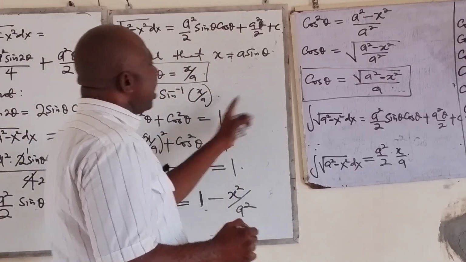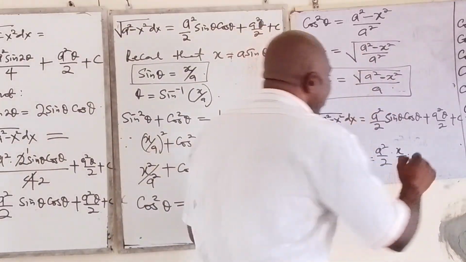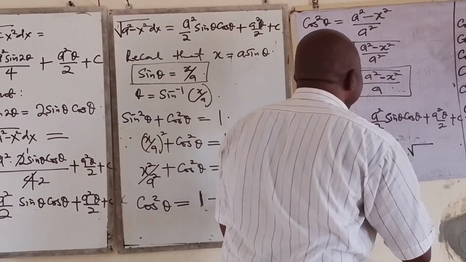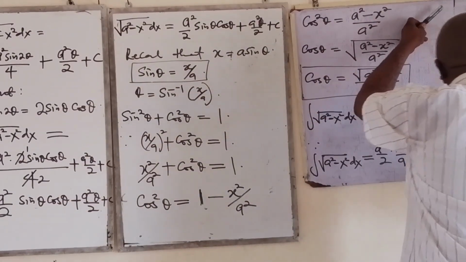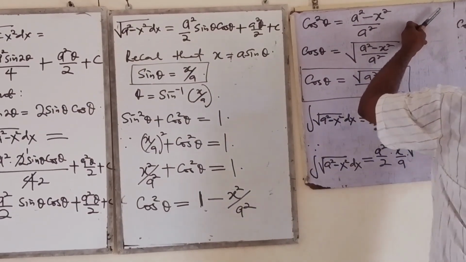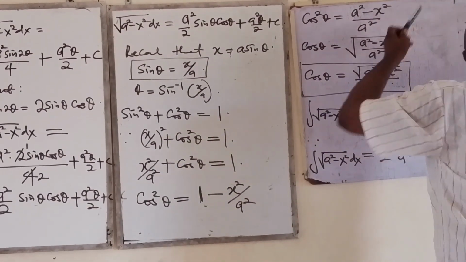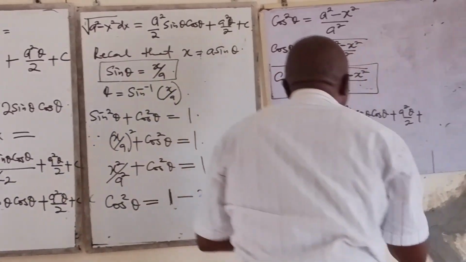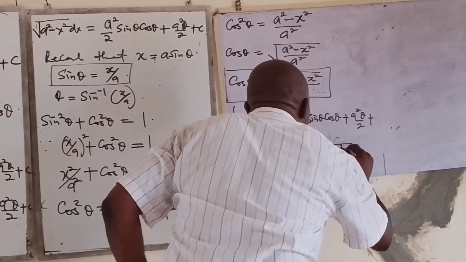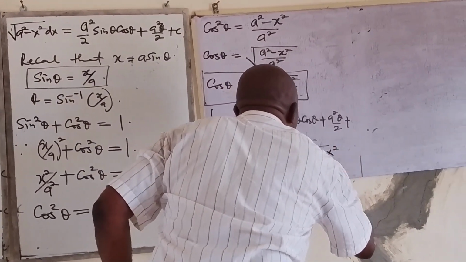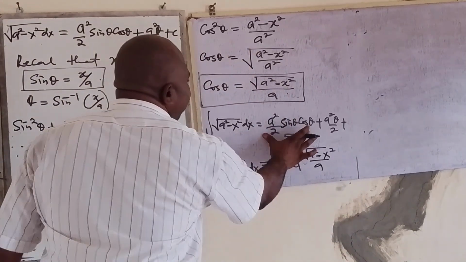Now we have cos theta. Cos theta is the square root of a squared minus x squared all over a. Now that's for this.